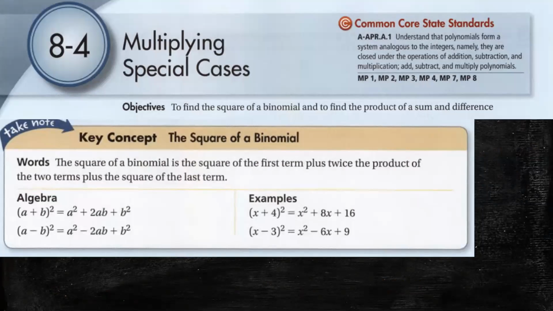This rule says if (a plus b) squared, I will write it as a squared, the square of the first function, then the same sign plus, then 2 times the first times the last, plus the last one squared. And if you have (a minus b) squared, you write it as a squared, the first function, the same sign, minus 2ab plus b squared. This is how we can square binomials.